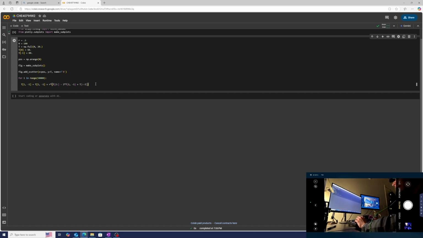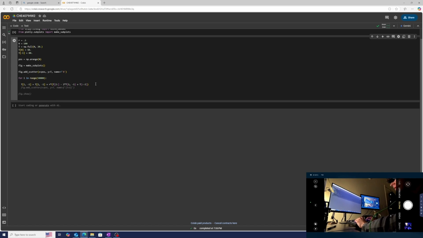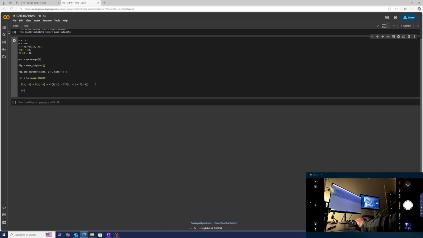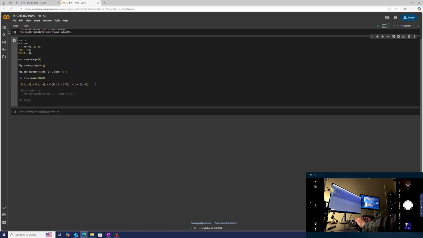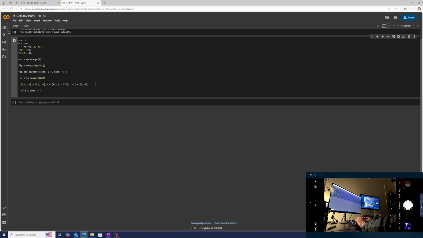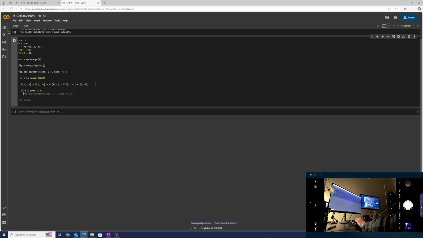So that will calculate our new t, and then we will say if our I value's remainder when divided by 1,000 is equal to 0, what this is doing is basically we're running it 50,000 times, and if we have 50,000 lines, it will look very cluttered.